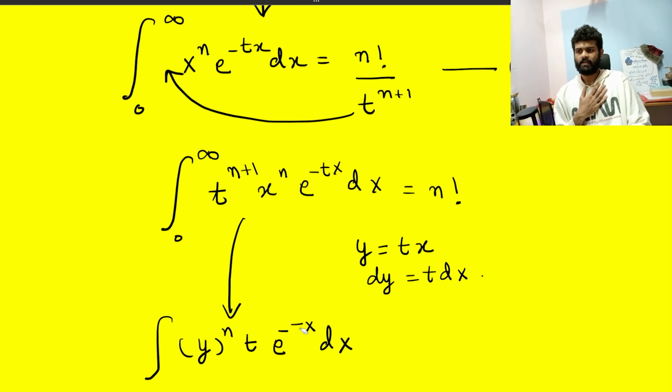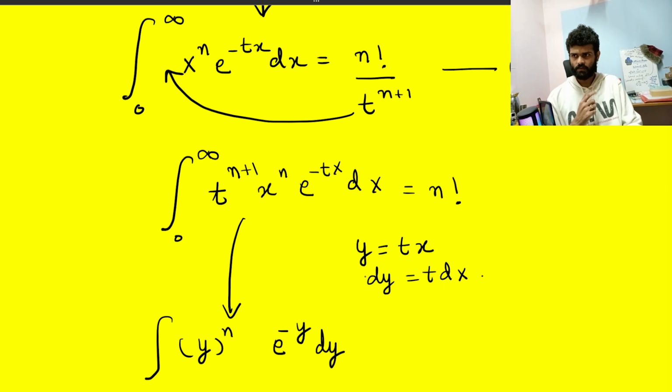This is your y term here, and then t dx is basically dy. So this is dy. Now I just have to change the limits here. So when your x is 0, y is 0, and when your x is infinity, y is infinity. And so this is equal to n factorial.